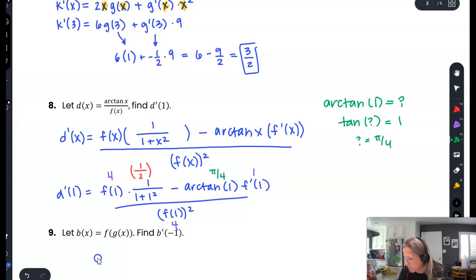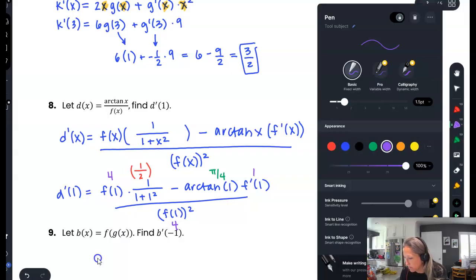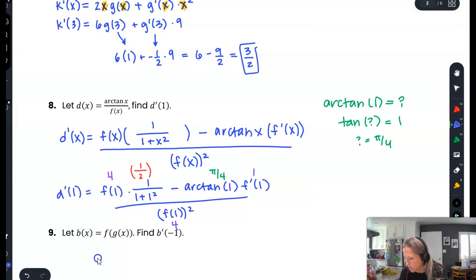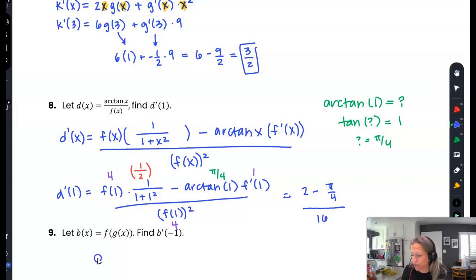All right, so then we could go ahead and rewrite all of this. Let me go back to my blue pen. This is 2 minus pi over 4, and then that 4 was squared over 16. Now this is a fraction within a fraction, so the most polite thing to do here is multiply everything through by that 4.